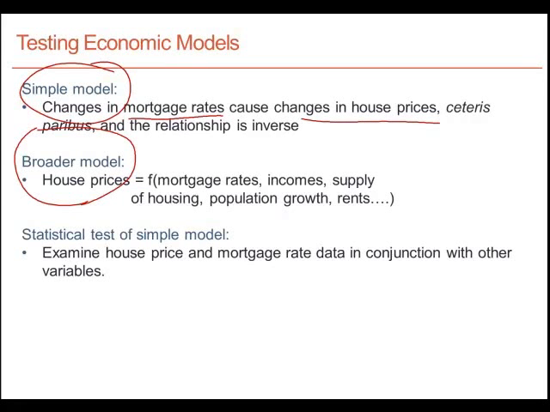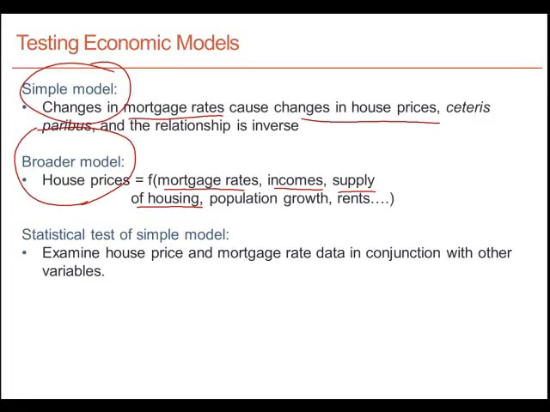When we investigate this relationship, we're not saying that mortgage rates are the only things that influence house prices. In a broader perspective, we would recognize that house prices are a function not only of mortgage rates, but also the incomes that people have who are buying those houses. The price of houses would also depend upon supply conditions in the economy.